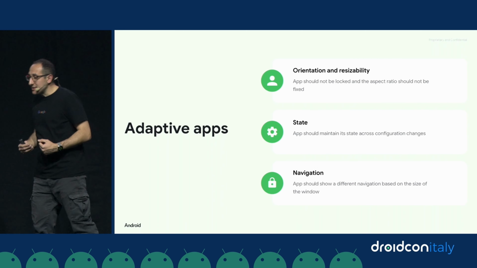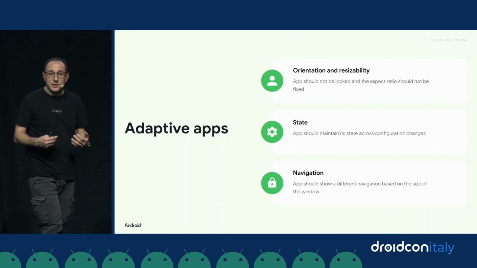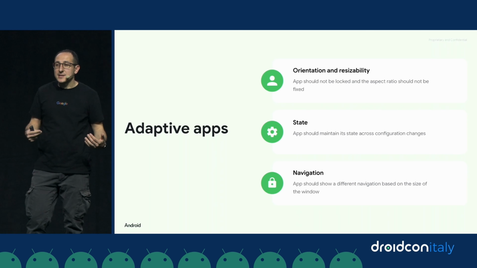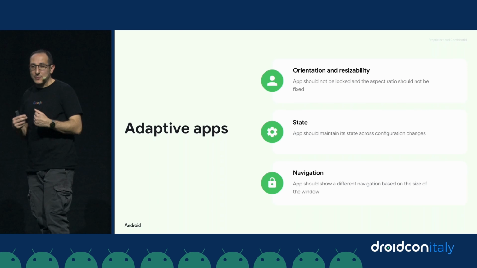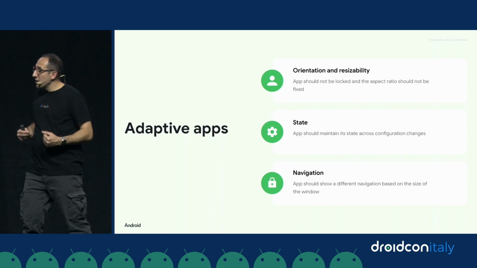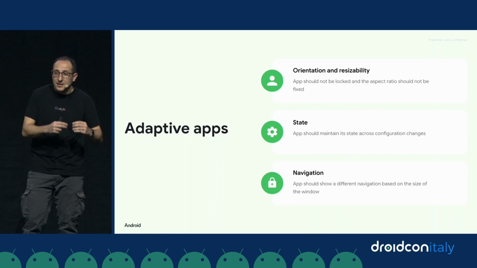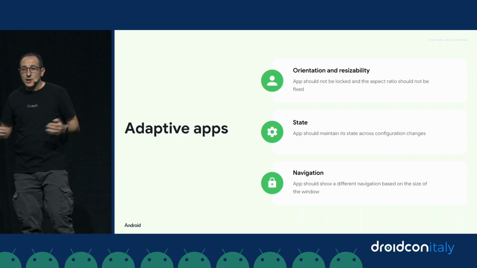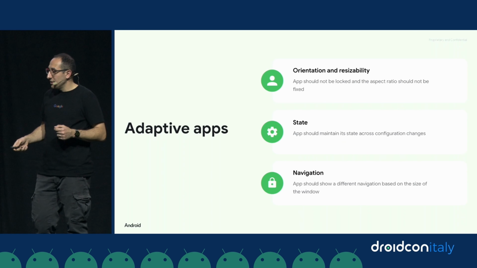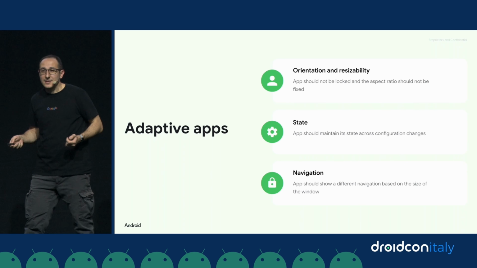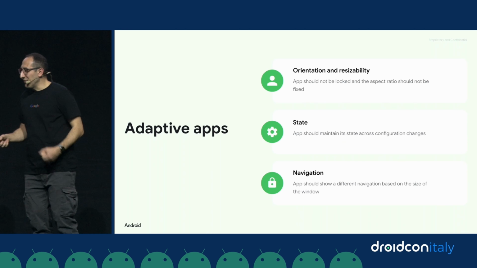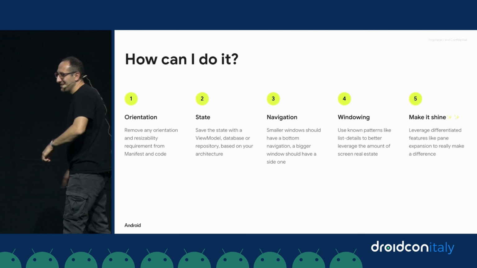And last but not least, your navigation should adapt to the amount of space that you have available for your app to run, because we saw that we might have a very, very tiny space, or we can get the full screen. We never know. Okay, so should we get started? Perfect, I love this energy.